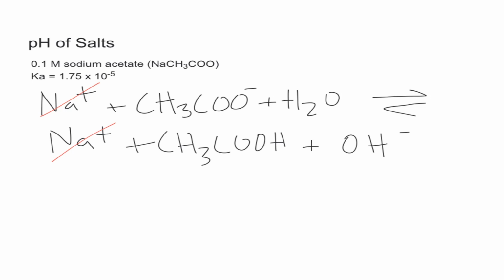Now that we got that out of the way, we can use this to set up the ice table. But before that, remember the step that came before, and that will be determining if we have an acidic or a basic salt. So just quickly, we'll look at our salt, and we have to determine what the reactants that formed that salt were.